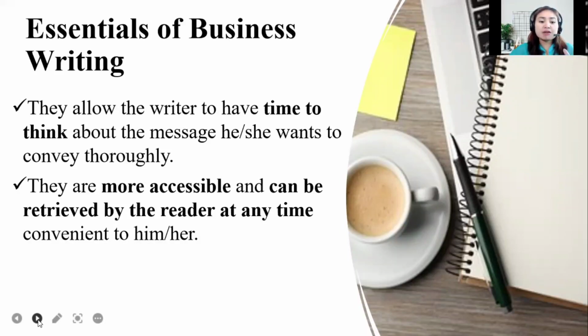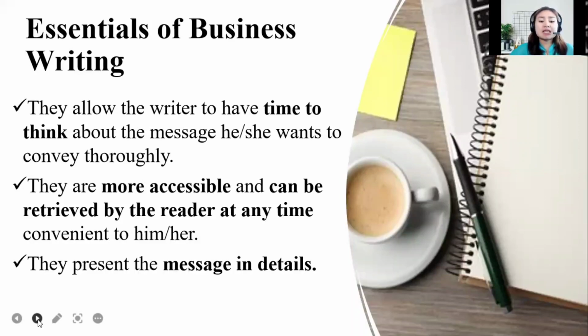So it's very convenient and accessible because he or she can just access it on a mobile phone, an iPad, or any other gadget, especially now that we are living in a digital world. So it's very easy and convenient.